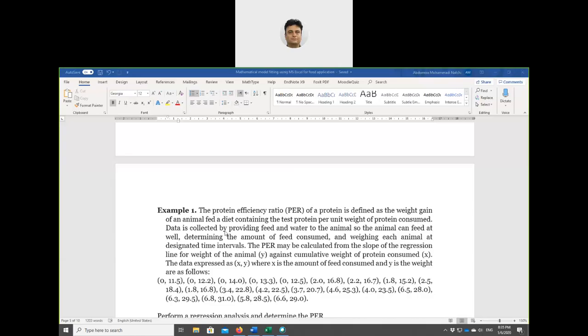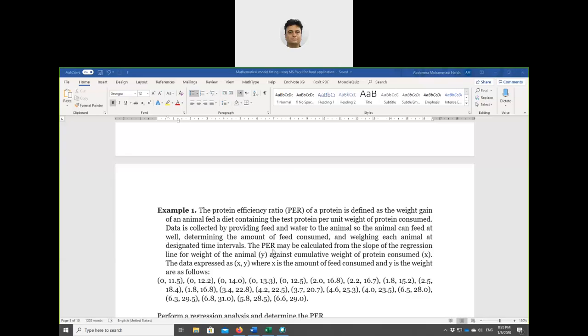Data is collected by providing feed and water to an animal, determining the amount of the feed consumed, and weighing each animal at designated time intervals. So after a specific time, we measure the weight of the animal.